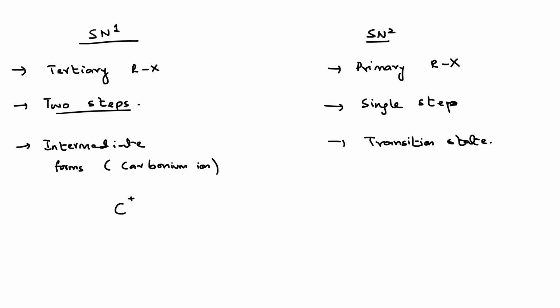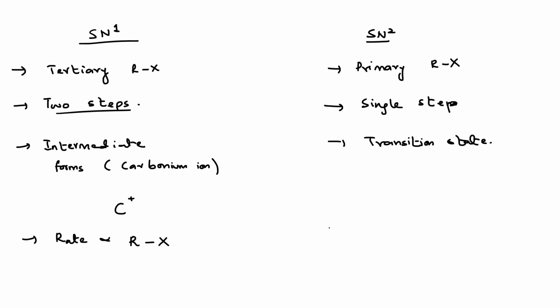And then the rate of the reaction in SN1 essentially depends on only one thing, that's the alkyl halide. That means no matter how much nucleophile you have, it only would be balanced out by the alkyl halide.